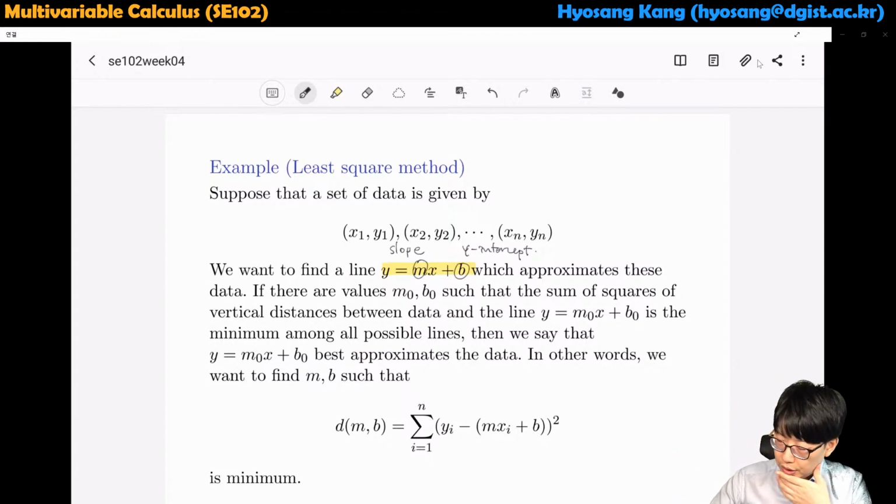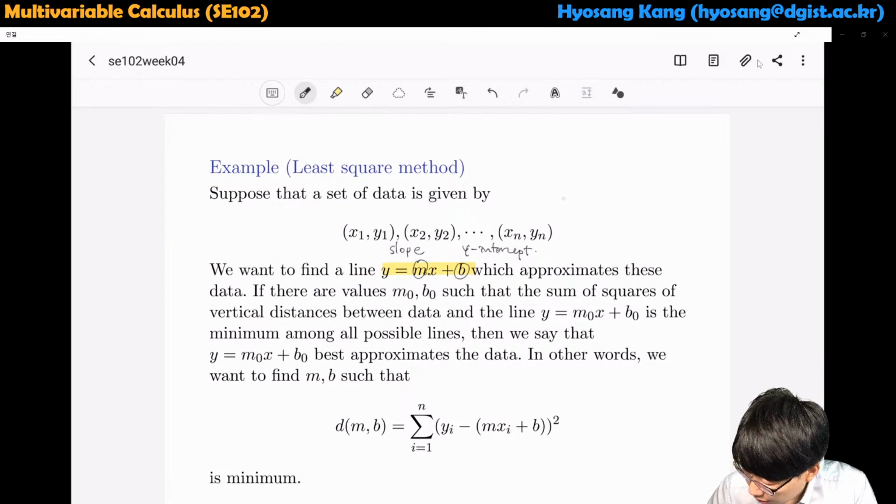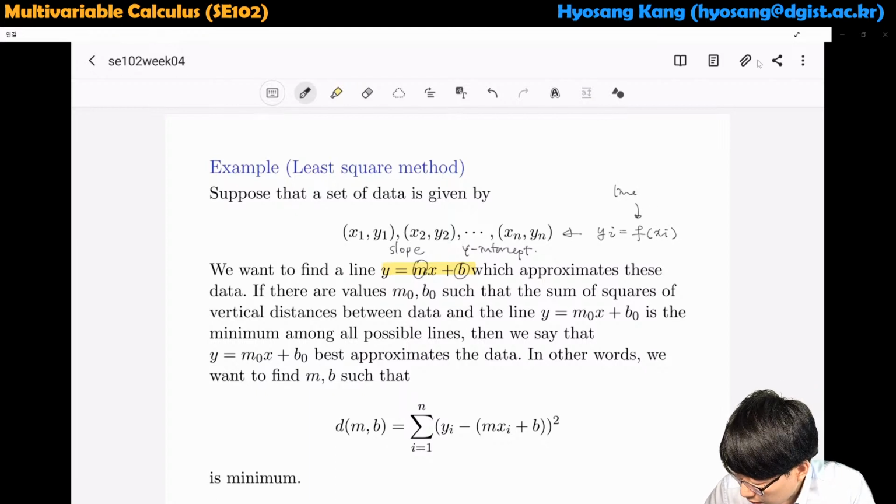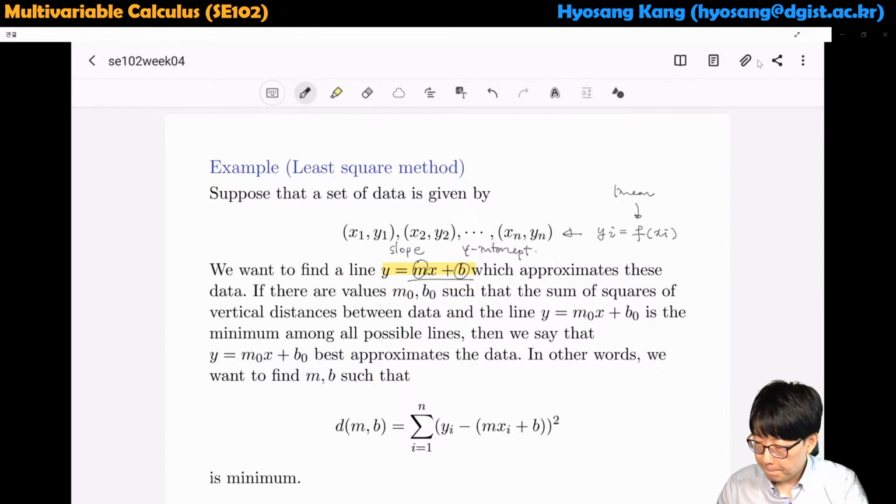So what I'm trying to imagine is, suppose that I'm choosing my line as my estimation of this function. Assuming that this data is given by some unknown function f, and assuming that this f is linear, then I'm guessing that this function has the formula mx plus b.